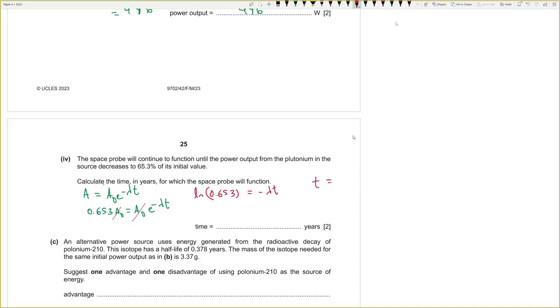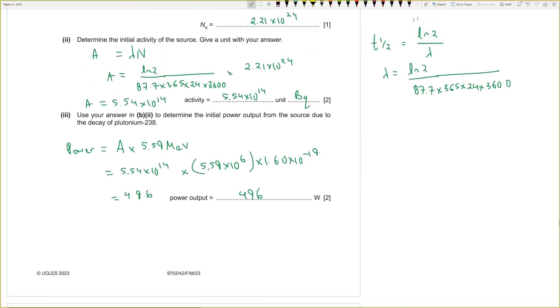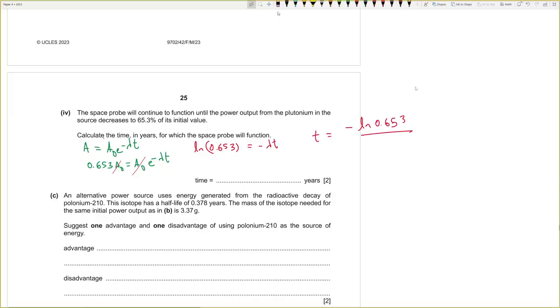I don't need to convert lambda to seconds here, because they want the answer in years. So ln 0.653 is equal to minus ln 2 by T half, which is 87.7, times t.